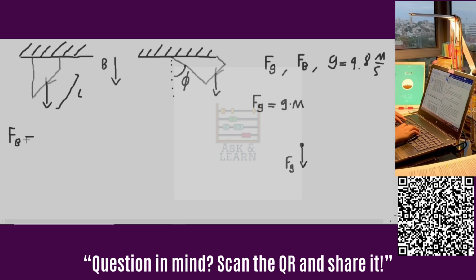F sub b is equal to ILB. So the current times the length through which the current flows times the magnetic field. And we have all of those, so we can calculate that. Plug in all those values and you'll get your F sub b.